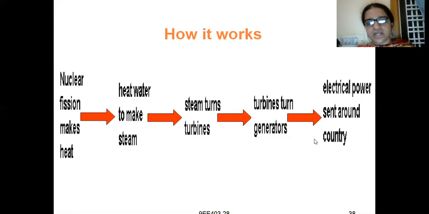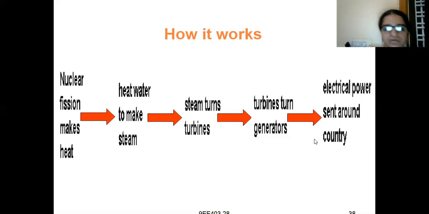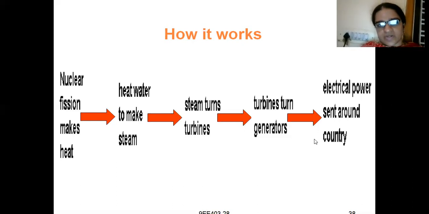Because of nuclear fission, heat is liberated, and this hot water, or the hot coolant coming from our nuclear reactor, is used to make steam.